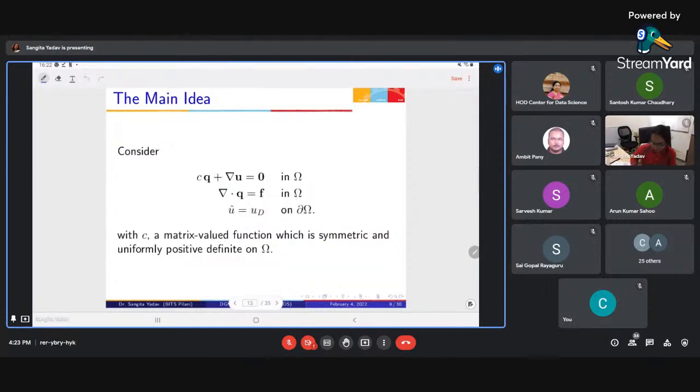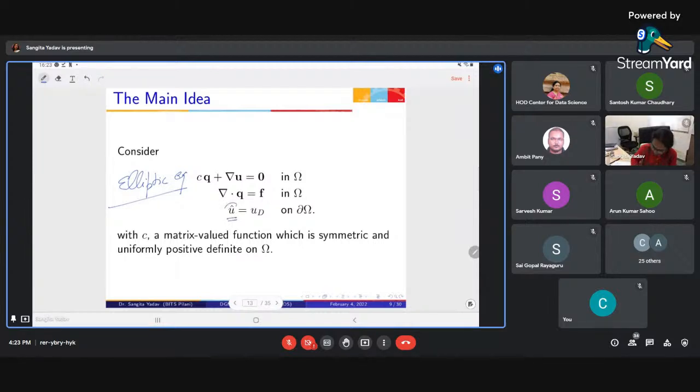So here I choose this elliptic equation: c q plus gradient of u equals 0 and divergence of q equals f in omega, along with the condition that u hat takes the value u_D on the boundary of omega.